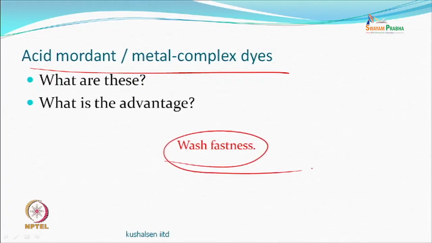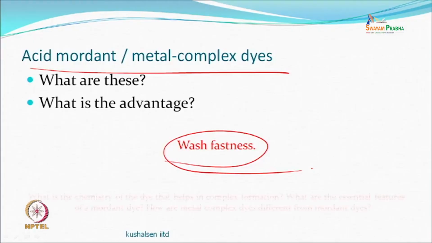One of those things will have to be done, and then the advantage definitely comes in wash fastness. So for printing you may like to use metallized, pre-metallized or metal complex dyes, in whichever manner you want to use.